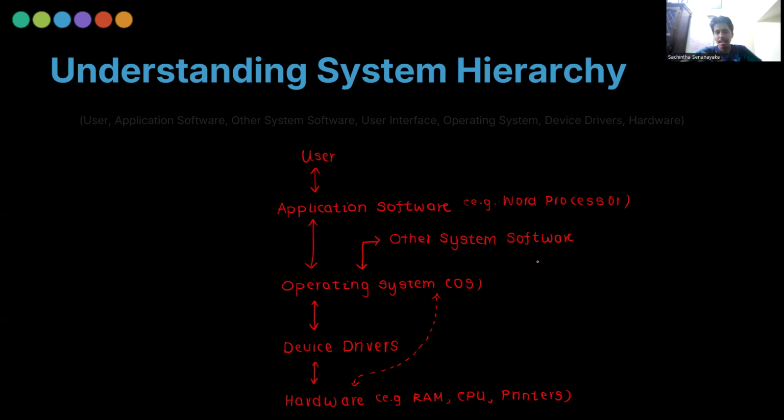But when we say other system software, it's important that we understand what system software is, because it feels like we are referring to something that has already been discussed, right? That's what other means. We have already discussed what system software is made up of, and now we are discussing something excluding what we've already discussed.